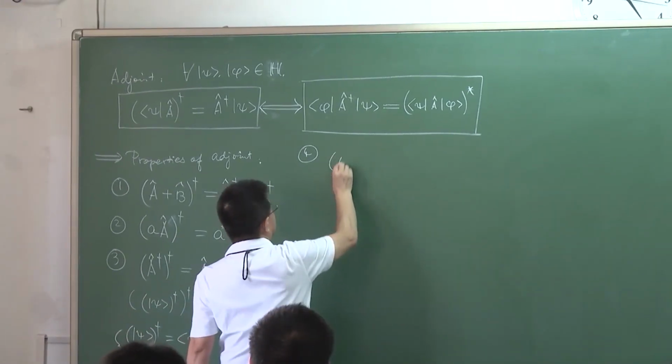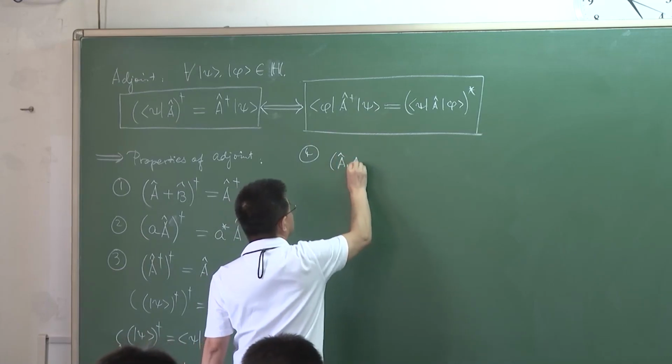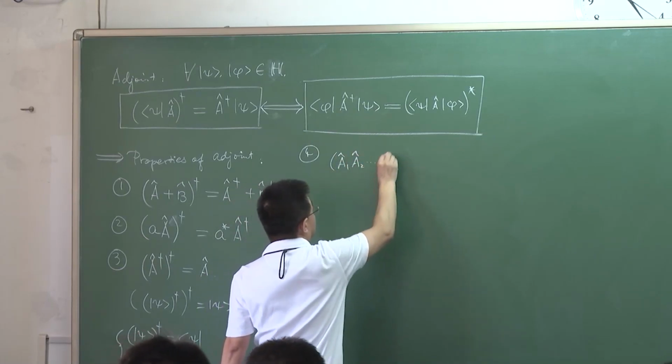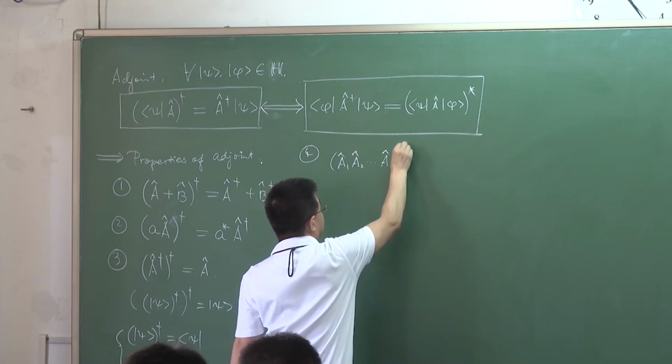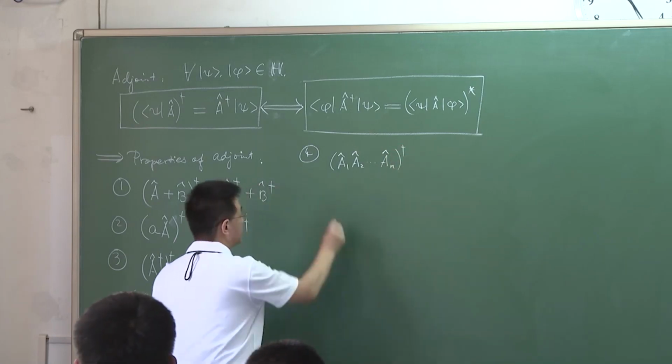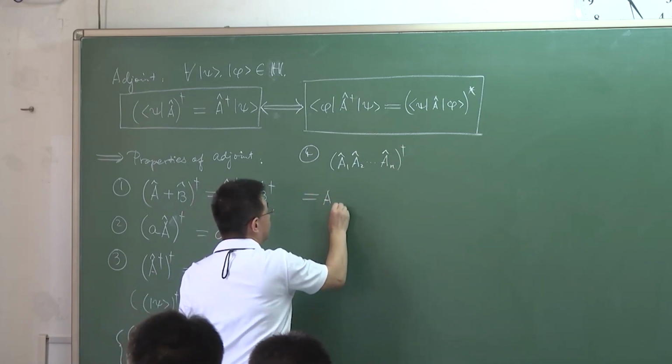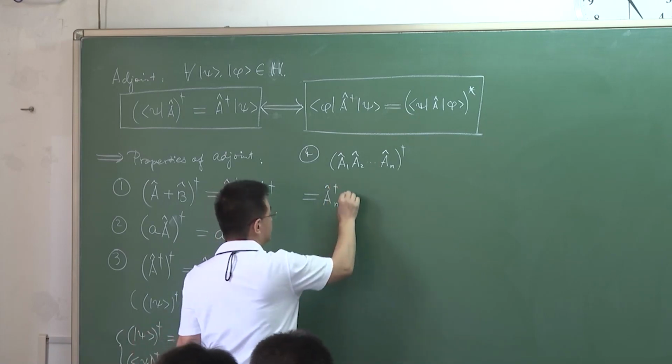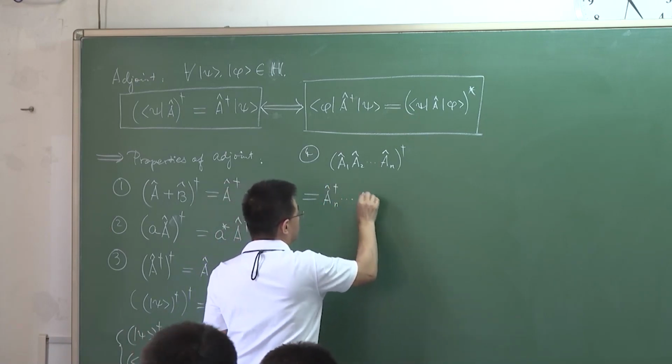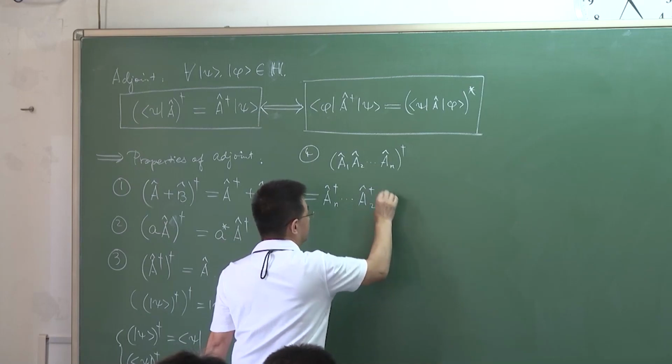For example, (A1 A2 ... AN) dagger is equal to AN dagger ... A2 dagger A1 dagger.